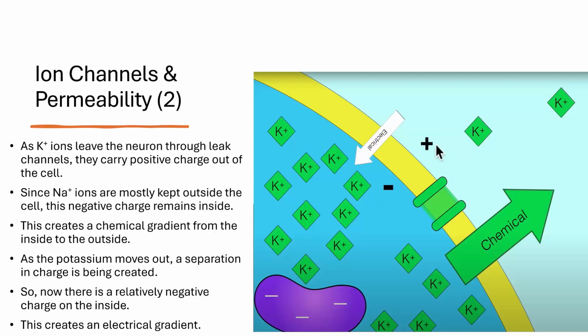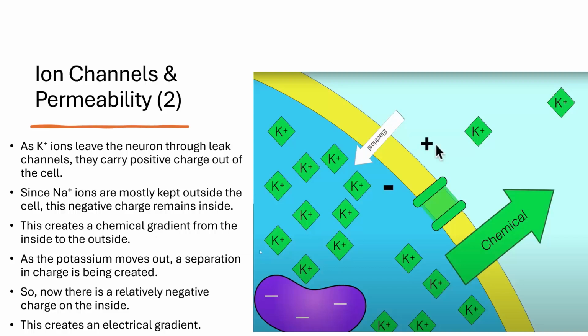As potassium ions leave the neuron through leak channels, they carry positive charge out of the cell. Initially we had 1 potassium, now we have 2. And so we have a voltage difference being created. Since sodium ions are mostly kept outside the cell, this negative charge remains inside.